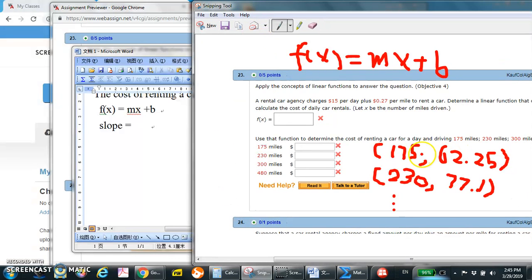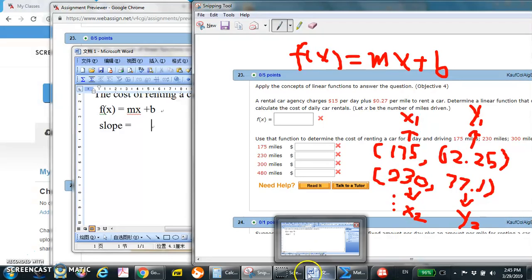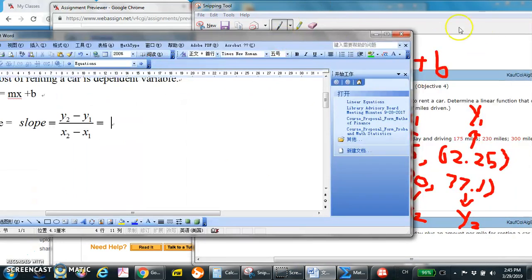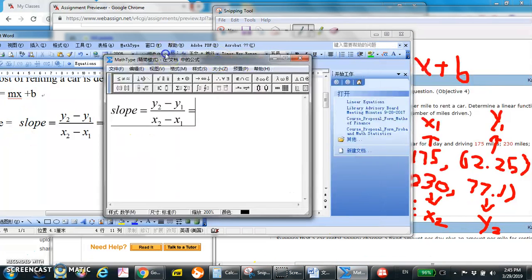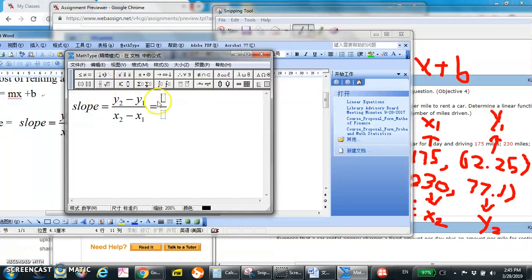So here, if we let 175 be x1 and 62.25 be y1, then 230 will be x2 and 77.1 will be y2. So we can compute the slope.